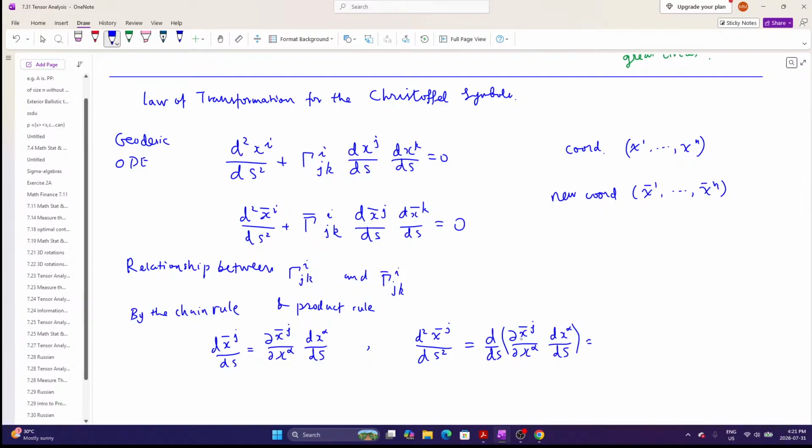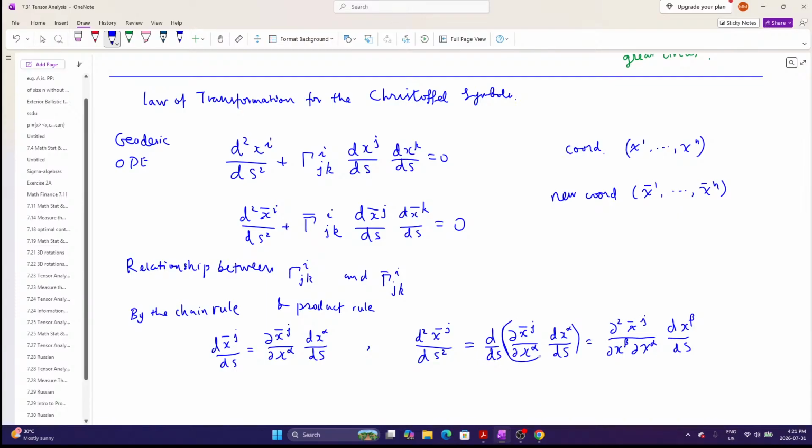So you need the second derivative, d squared x bar j over dx alpha, and you need a dx beta up front, and then times dx beta over ds.